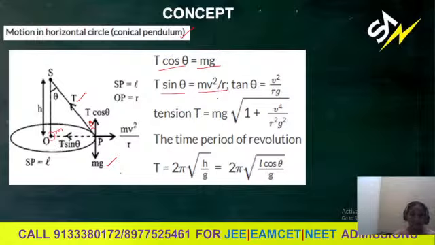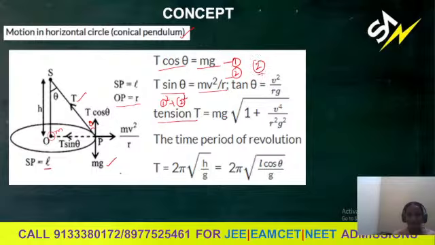In the diagram, SP is the length of the string and OP is the radius of the circle. For these two equations, 1 and 2, if you divide sin theta by cos theta, then tan theta is equal to v square by rg. And if we square and add, 1 whole square plus 2 whole square, we get the tension.